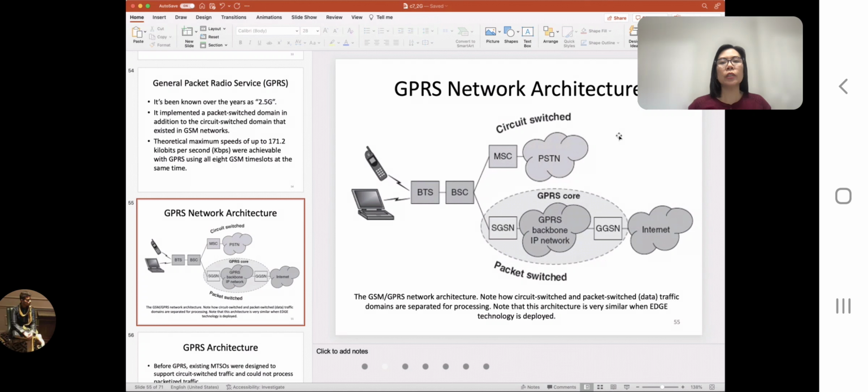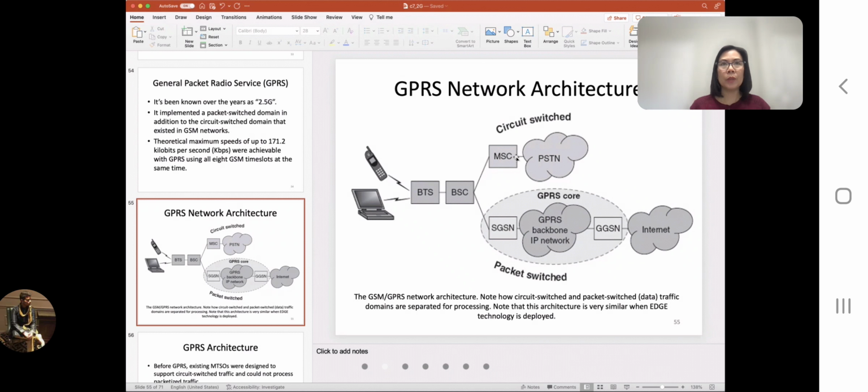So you can see that circuit switching is used in the original telephone network, and that's why it's this part here, the public switched telephone network. It is applied to the voice component of the GSM network, which still uses circuit switching. So now you understand the main concept of circuit switching.